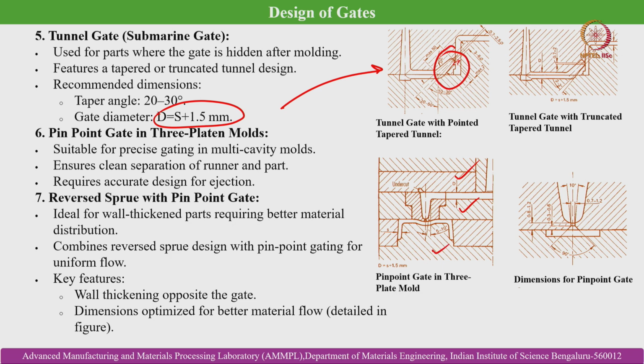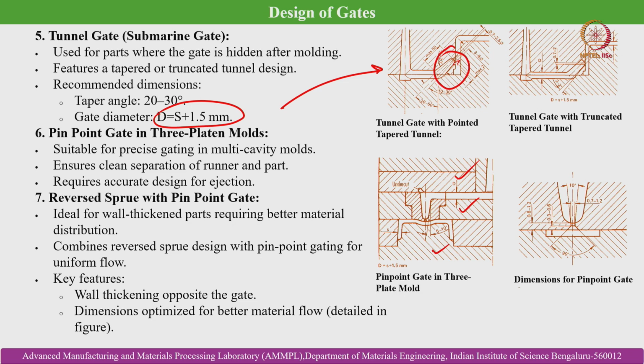This is useful for very complicated component geometry, where there are multiple cores and also cams running for obtaining the geometry, the different ribs present in the component. In that case the pinpoint gate is useful, and it requires accurate design for ejection, otherwise it can cause breakage of the ribs or undercuts created within the molded component. Then there is the reverse sprue with pinpoint gate.